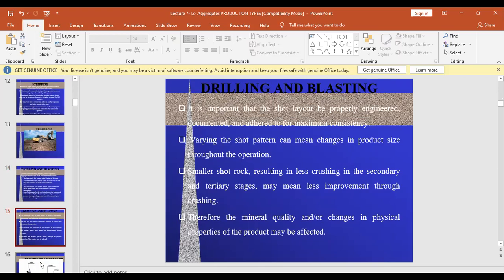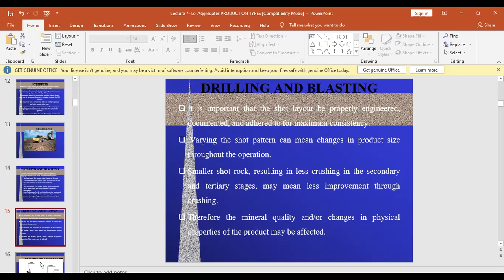Now, when we are discussing blasting, it is important that the shot layout, meaning the places where you are going to place your detonators, should be properly engineered, documented, and adhered to for maximum consistency.